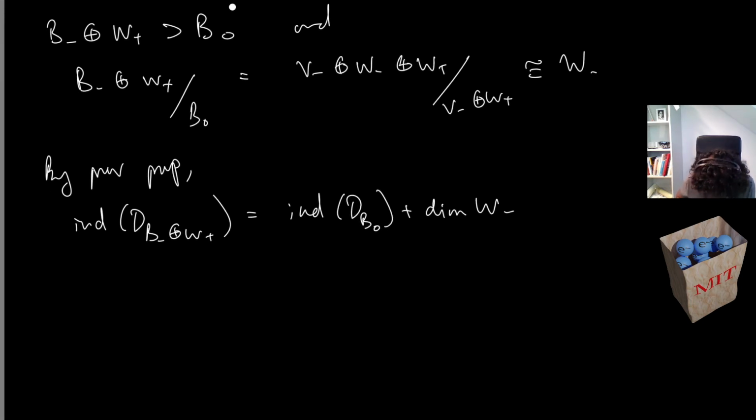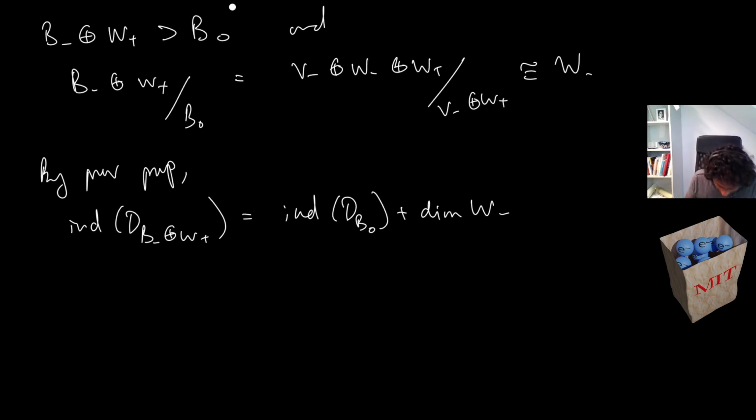Okay. But again, we also have that B minus is contained in B minus plus W plus, and each of these is also Fredholm, since they're elliptically regular.